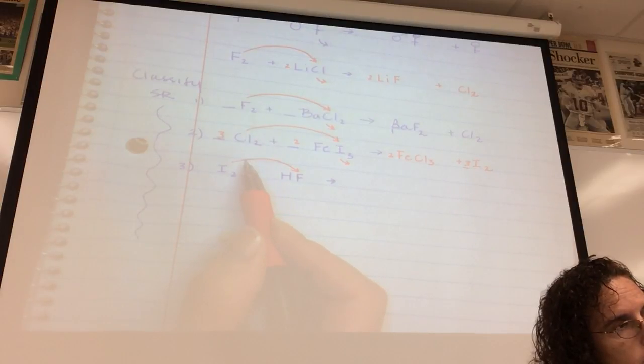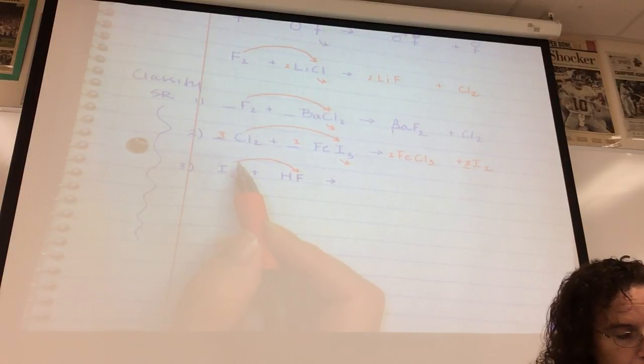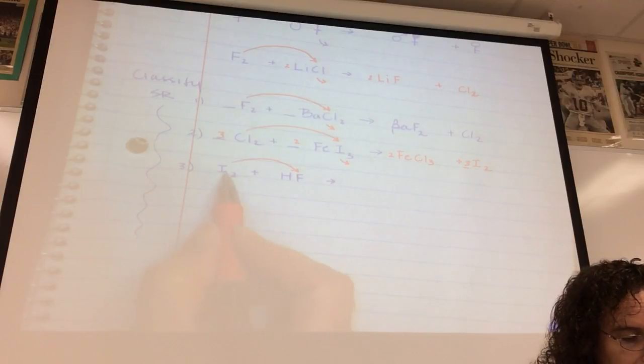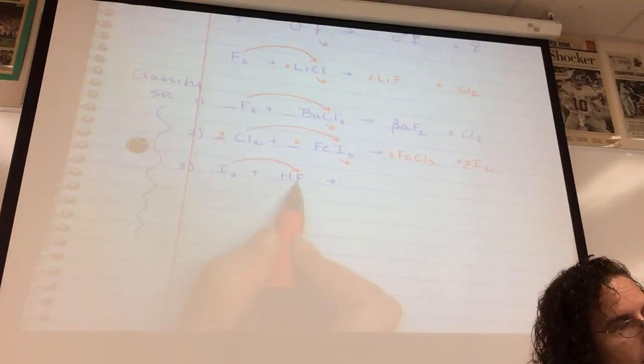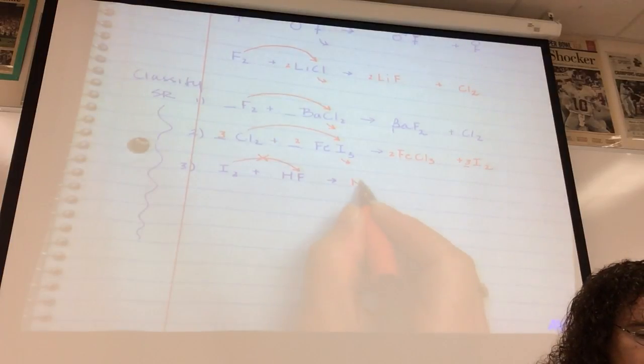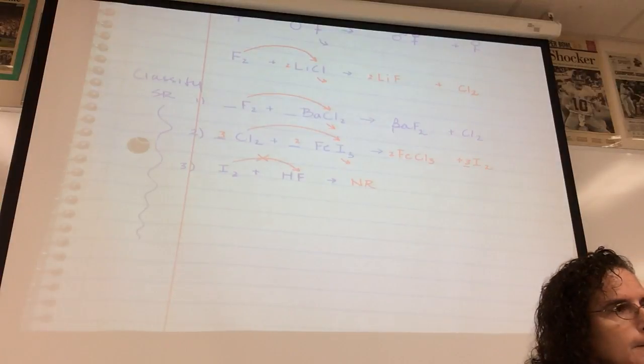It's like how high it is in that row. On the column. Oh, yes. Oh, wait. Well, fluorine is higher. Right. So does this react? Wait, can iodine displace that fluoride ion out? No. No. So this would just be no reaction. Okay?